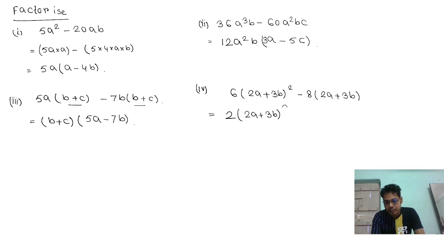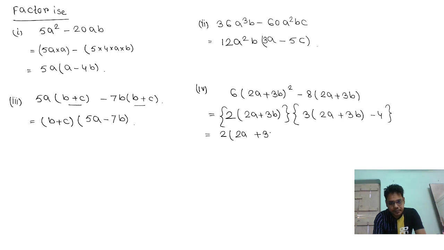If you take this common, what is left in the first term? First term is left 3 into (2a plus 3b). Now in the second term, it is left only minus 4. That means it is 2 into (2a plus 3b) into (6a plus 9b minus 4). That will be the final answer.